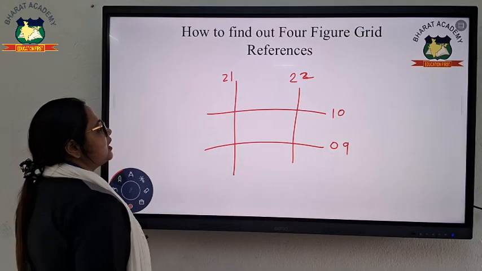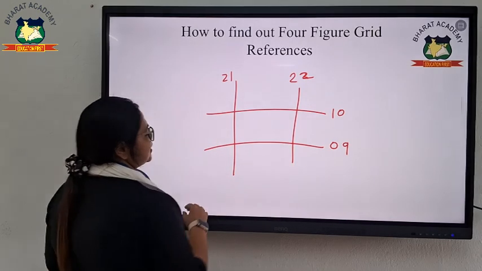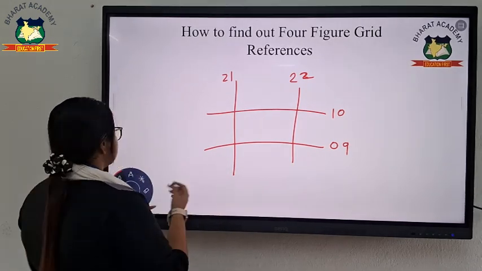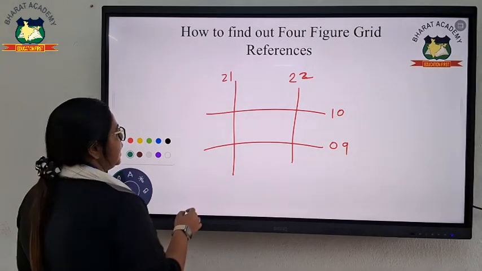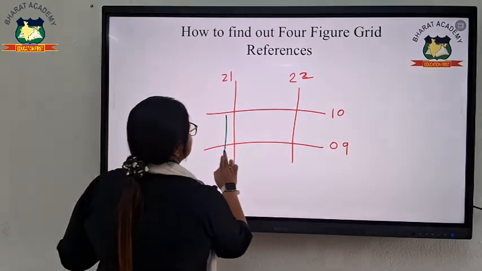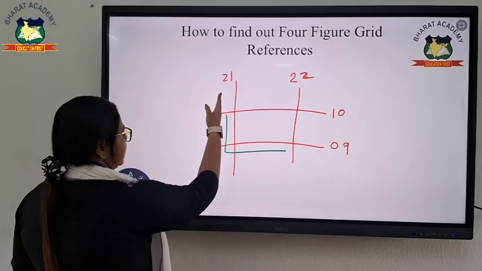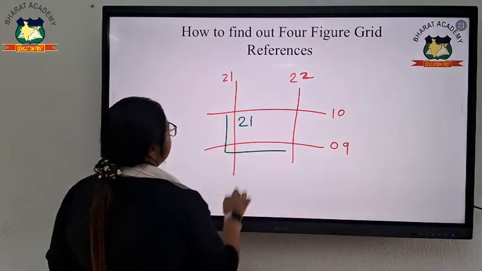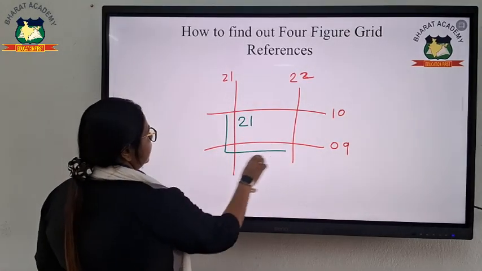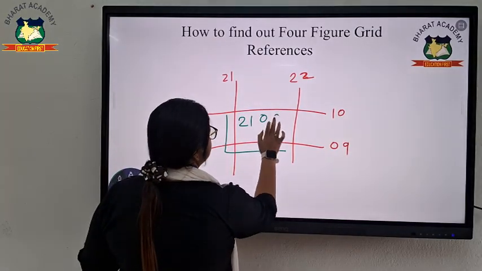Suppose I need to find the 4-figure reference of this grid. This is simply the grid number. How to memorize this? It's very easy. We just need to remember the letter L. L means first I draw the left vertical line, whose value is 21, and then the lower horizontal line, whose value is 09.